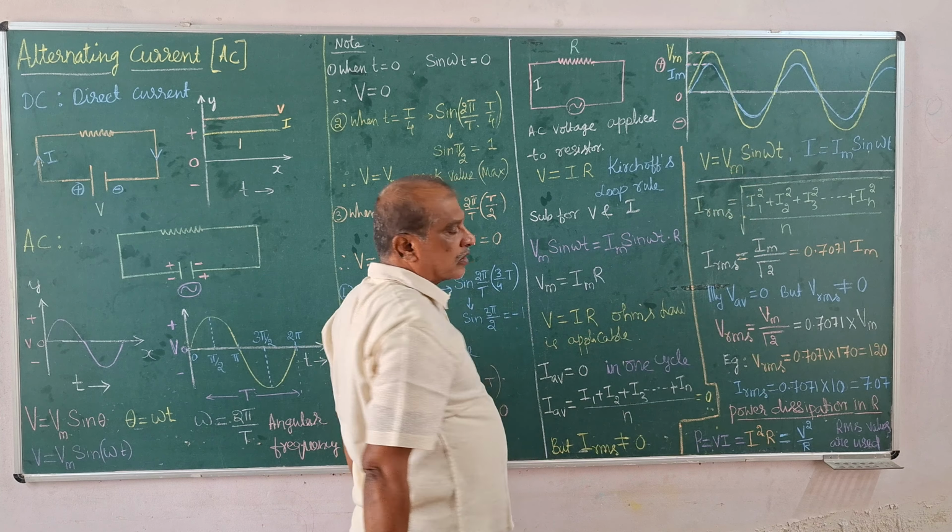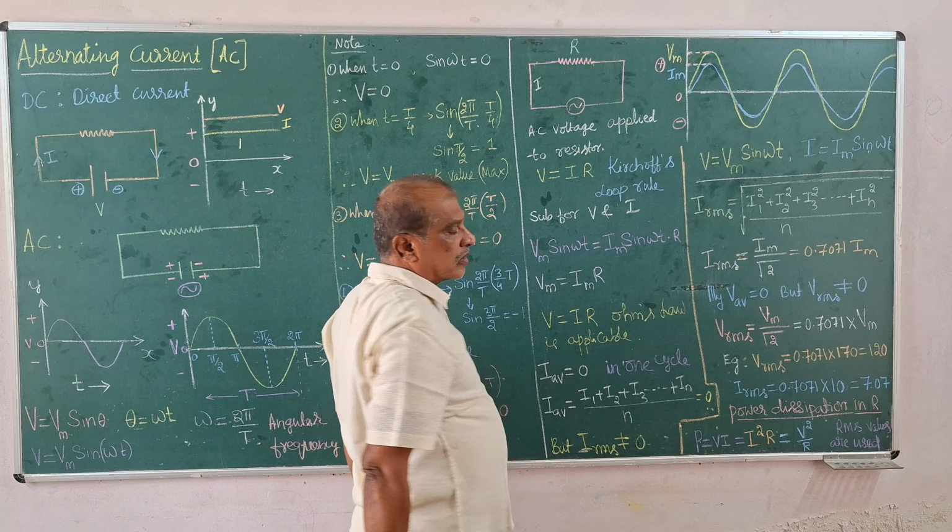Substitute in this equation. This is equal to this one, and simplify. The sin omega t cancels, and Vm equals ImR, that is for the peak value.